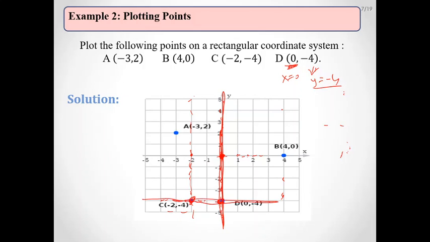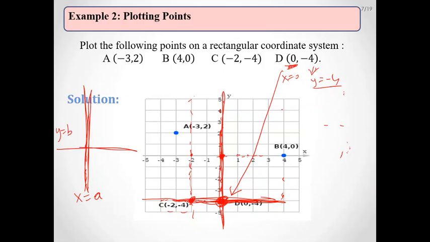You take a horizontal line, so D is this point. Now again, if you want to find a point, you take x equal to a, and you make a vertical line, and from the y-axis you find b, and you make the horizontal line, and the intersection becomes (a, b).